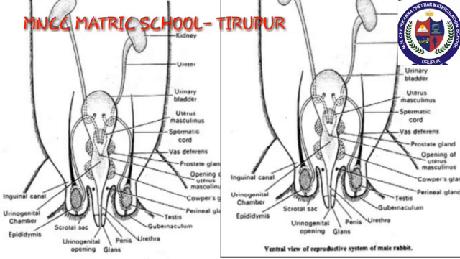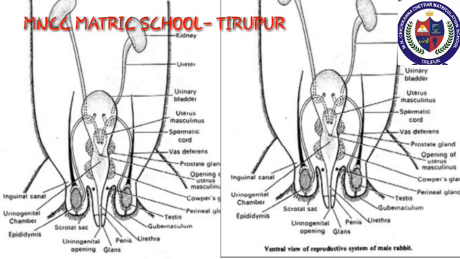This network of tubules leads into a coiled tubule called the epididymis, which leads into the sperm duct called the vas deferens. The vas deferens joins the urethra just below the urinary bladder. The urethra runs backward and passes into the penis.